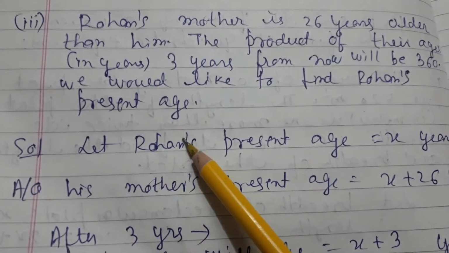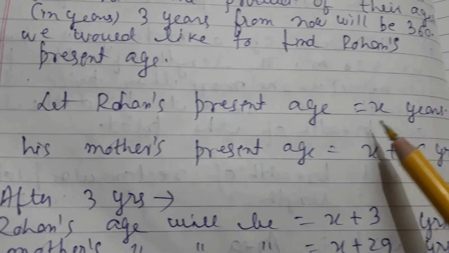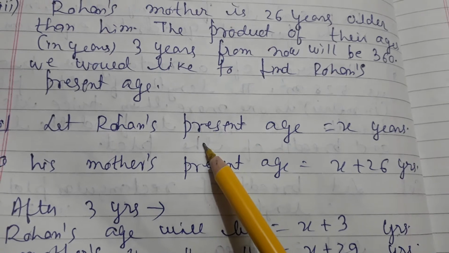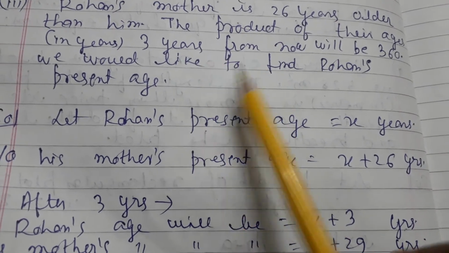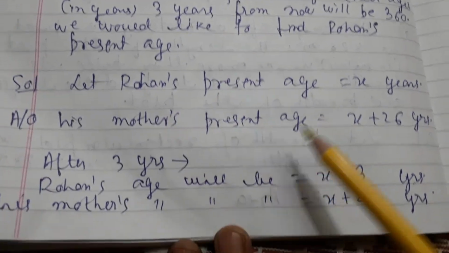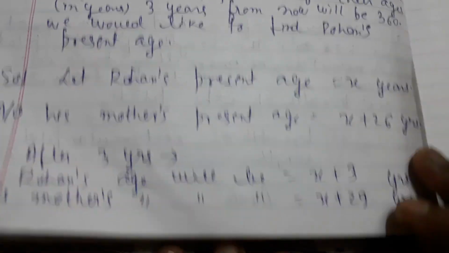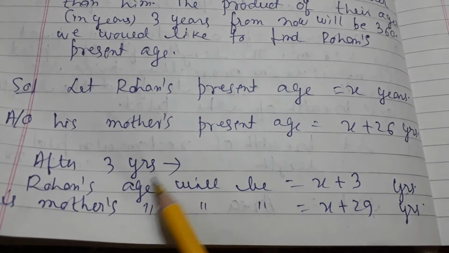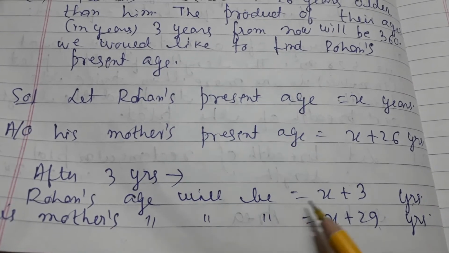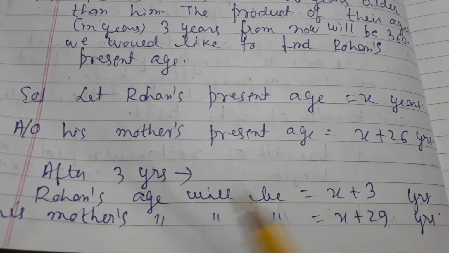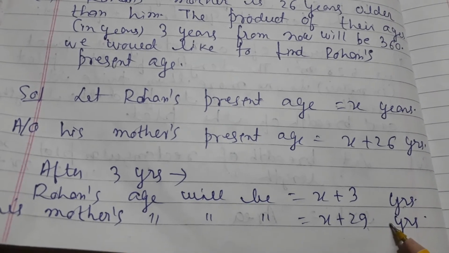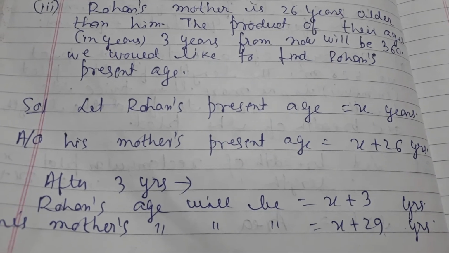Then let Rohan's present age equal x years. And as per the question, his mother is 26 years older than him, so Rohan's mother's age is x plus 26 years. Now after 3 years, Rohan's age will be x plus 3 years and his mother's age will be x plus 29, that is x plus 26 plus 3, x plus 29 years.